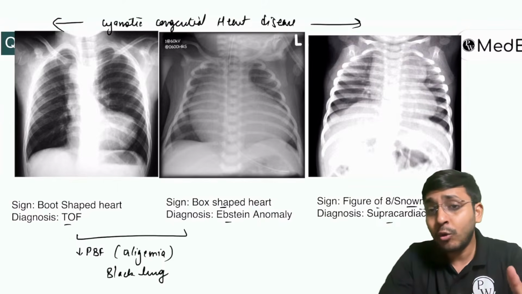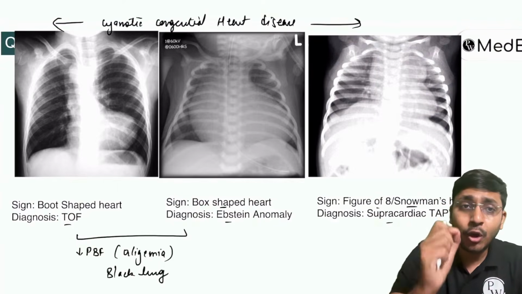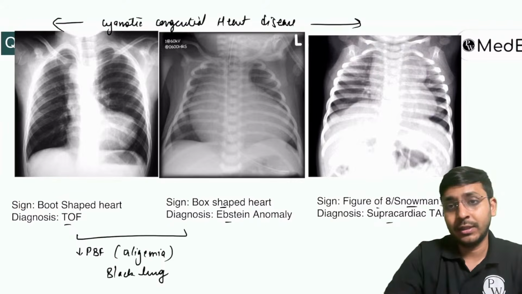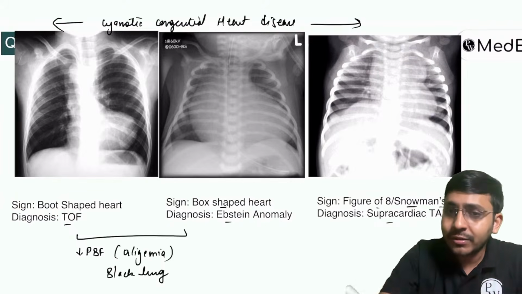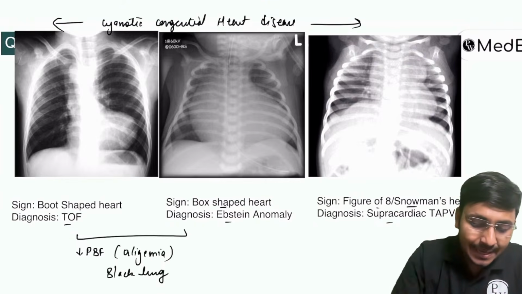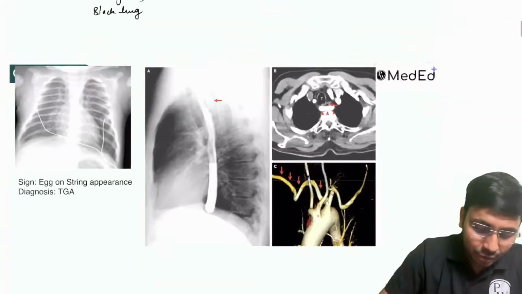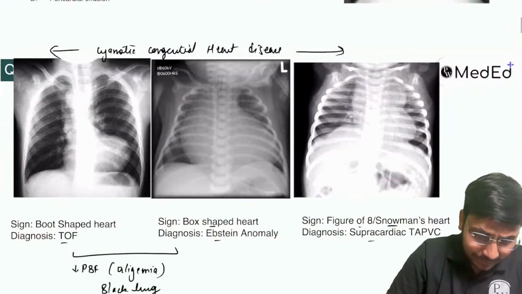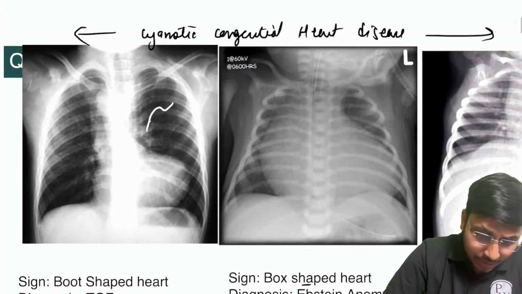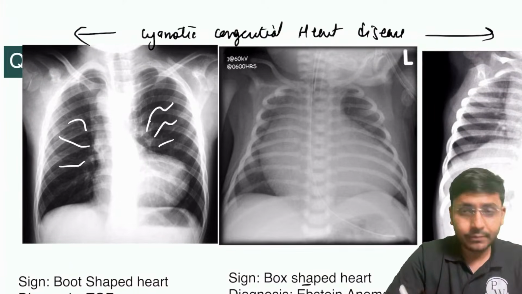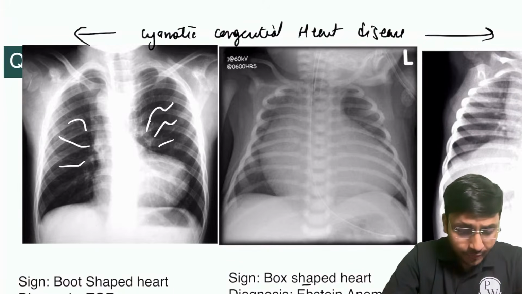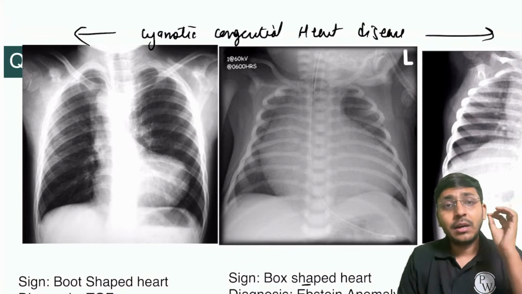No, you have to confirm with the pulmonary blood flow. In TOF, the pulmonary blood flow is reduced. It's a hallmark because pulmonary stenosis happens in TOF. If the same X-ray happens with increased pulmonary blood flow, the answer is likely TGA. Likely TGA, right? So always and always look at the lung fields.